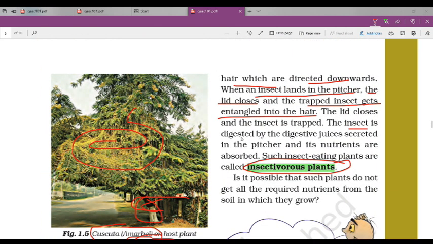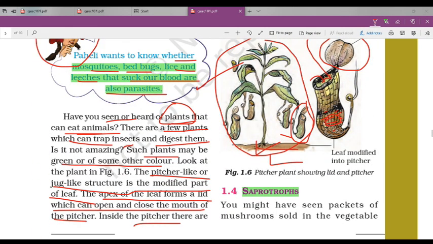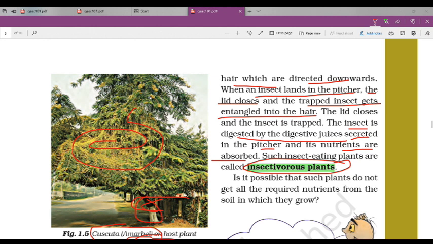The insect is digested by the digestive juice secreted in the pitcher and its nutrients are absorbed. As I told you, there is some nutrient liquid, digestive juice, found here, and what this digestive juice does is absorb all the valuable nutrients from the insects.